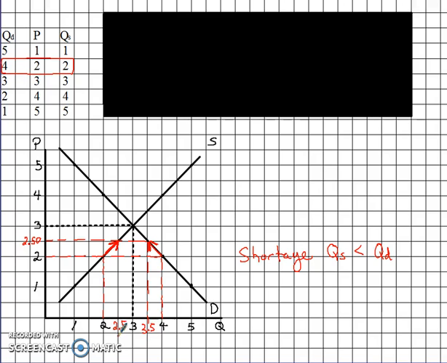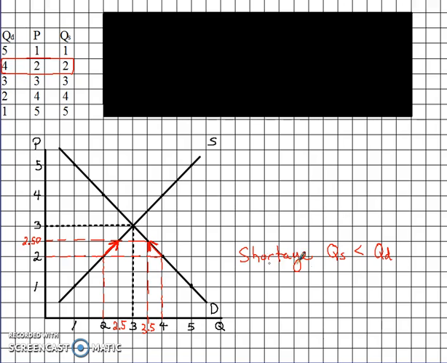There's still a shortage. It used to be that the shortage went from 4 to 2. Consumers wanted 4 units of the good. Producers only brought 2 units to market. Now the shortage is going to be smaller. Consumers want 3.5 units of the good, and producers brought 2.5 units to market. But the key is that there's still a shortage.